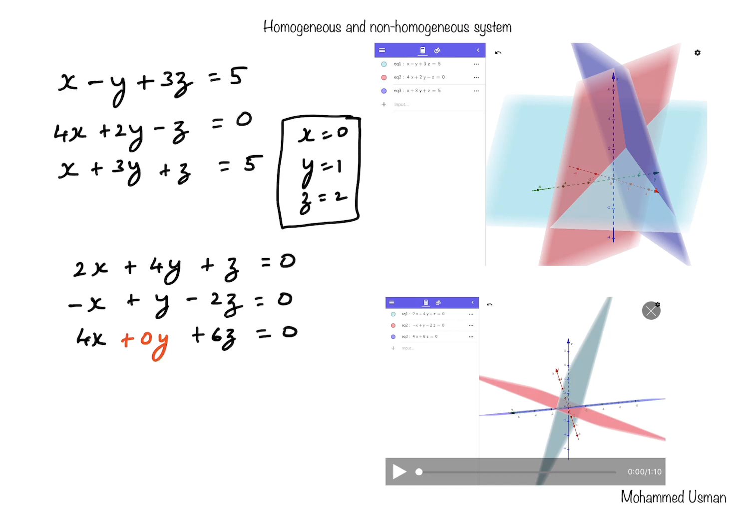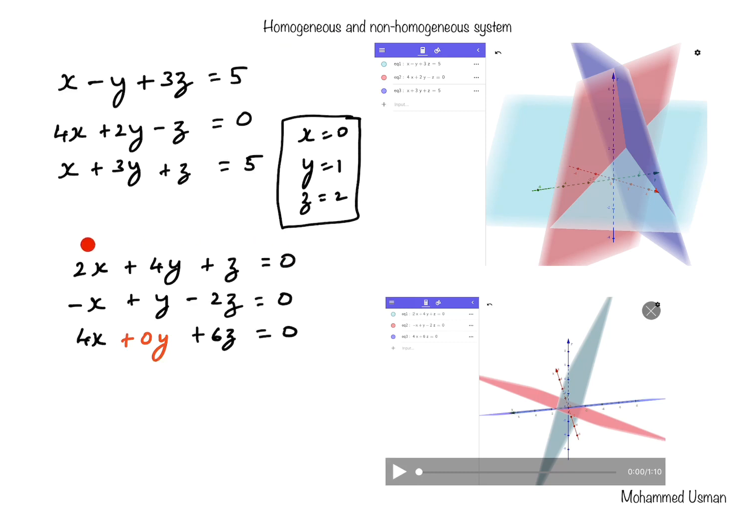But if you have a set of equations wherein all the numbers to the right side of the equal sign are 0, then we call such a set of equations homogeneous equations.